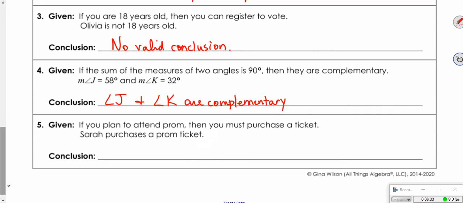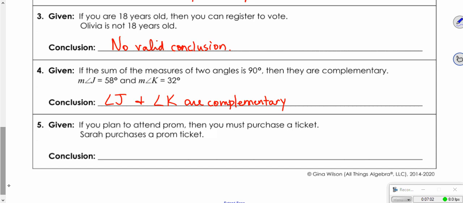Number 5, if you plan to attend prom, then you must purchase a ticket. Sarah purchases a ticket. Okay, Layla just said the Q is true, not the P. Does that fit the law of detachment in any way? No, law of detachment says if we have if P then Q, and we're told that P's true, then Q's true.